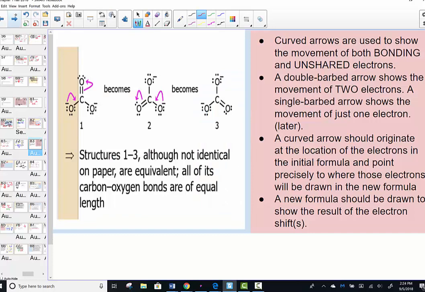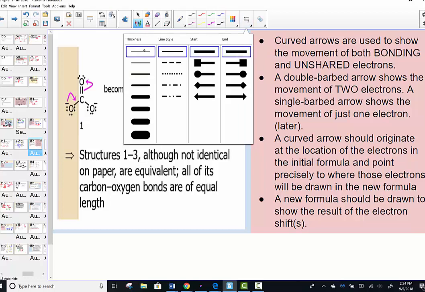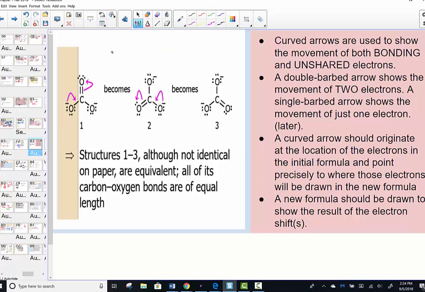A resonance structure is not truly a single bond or a double bond, but kind of that tweener bond between the length of a single and a double. It says structures 1 through 3, although not identical on paper, are equivalent. All of its carbon-oxygen bonds are of equal length.